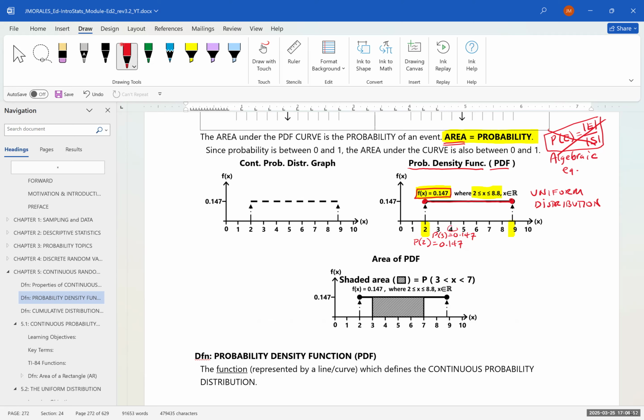The probability of a 4 occurring is 0.147. The probability of 5, 0.147. 6, 0.147. 7, 0.147. And 8, 0.147. How about 5.5? 0.147. So the probability of any number between 2 and 8.8 occurring is going to be 0.147, which is what this was describing here.